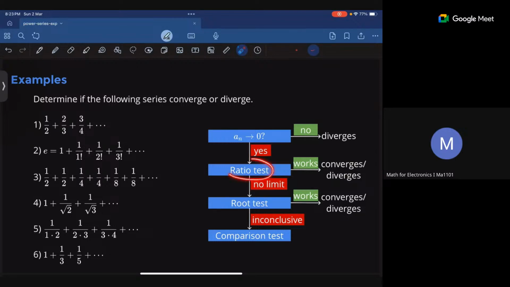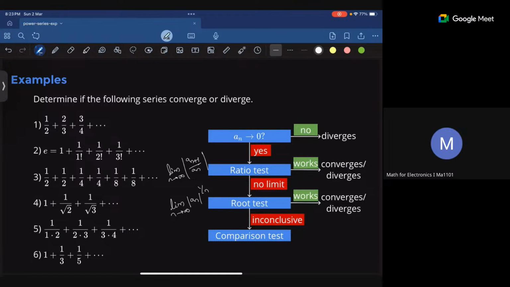If the ratio test gives you L equal to 1, or if the limit does not exist, then we move from the ratio test to the root test. What is the root test? It computes the limit as n tends to infinity of the absolute value of a_n to the power 1 by n. What is the ratio test? You compute the limit as n tends to infinity of the absolute value of a_(n+1) divided by a_n.